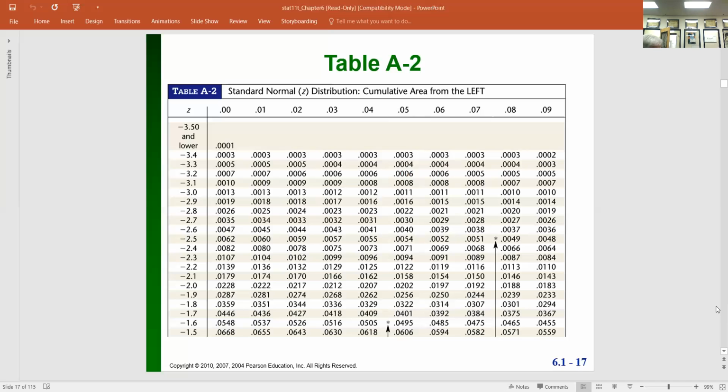Okay. What other questions do you have about the use of these standard distribution tables? Remember, if you are dealing with a standard distribution, like the example of IQ here, the mean is 0 and the standard deviation is 1, the z-score.